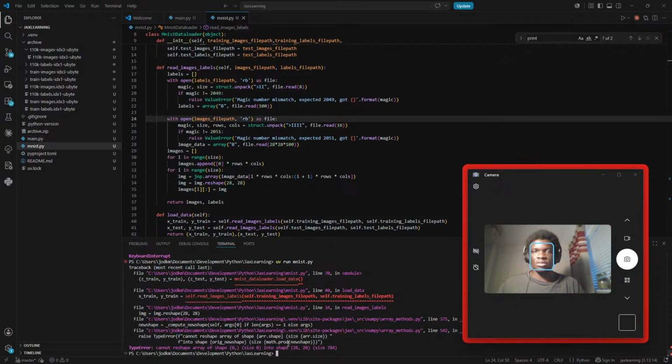Okay, it did, but then it seems like something has gone wrong. So reshape 28 28. Huh.